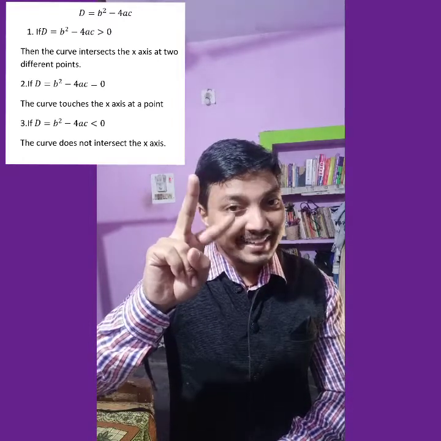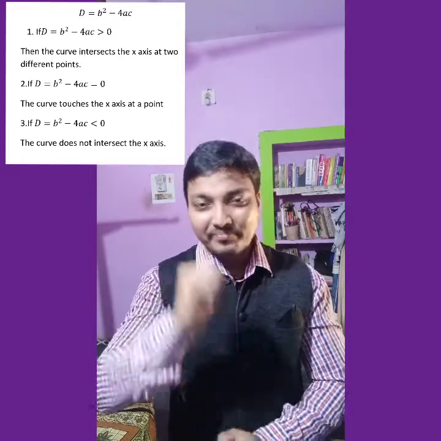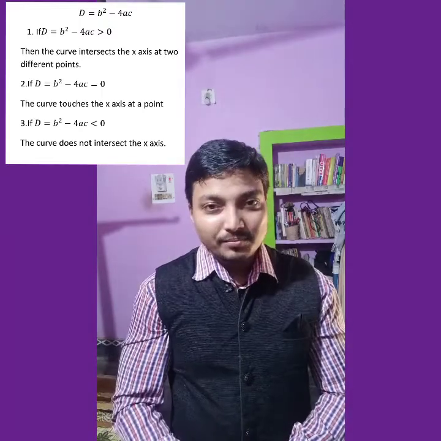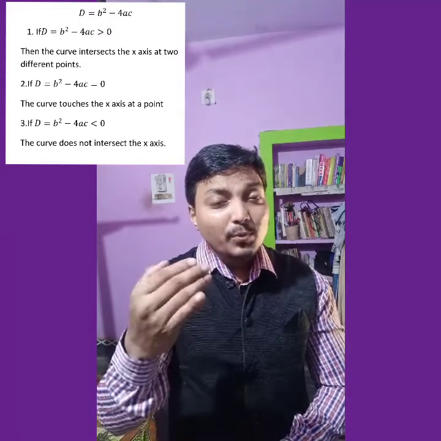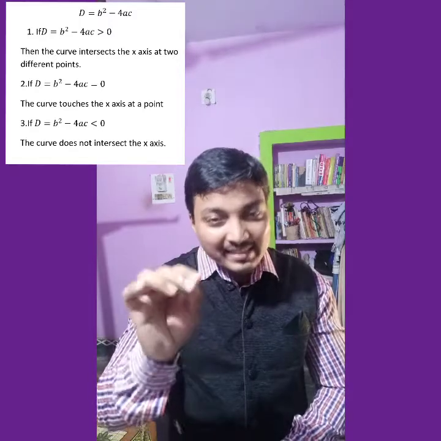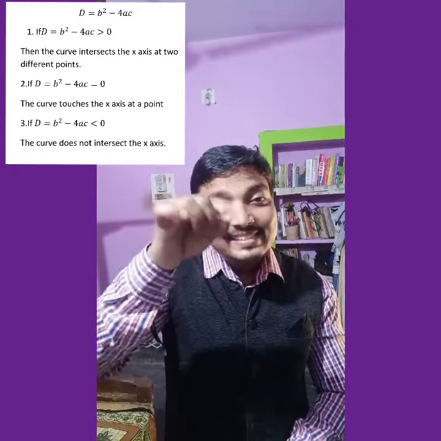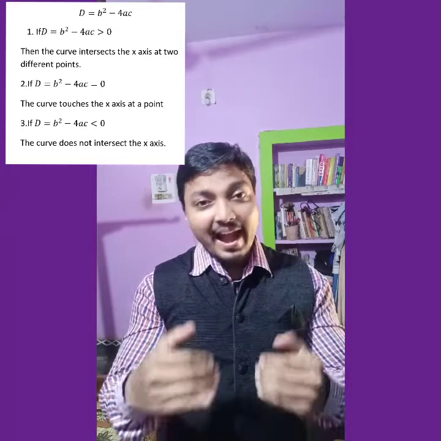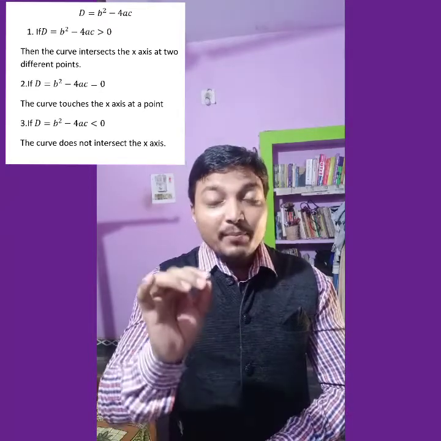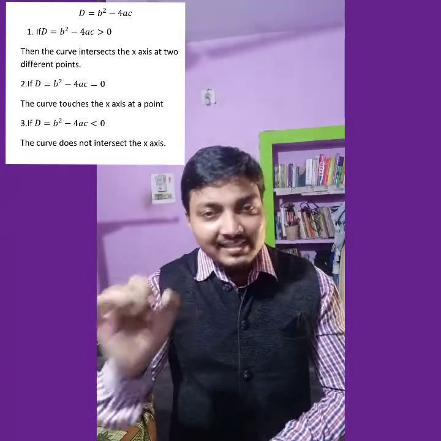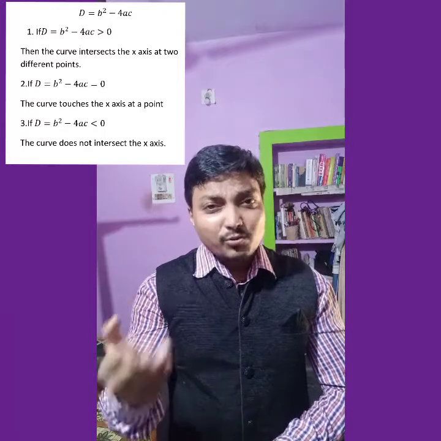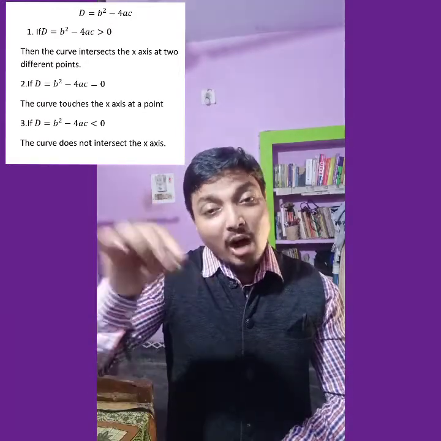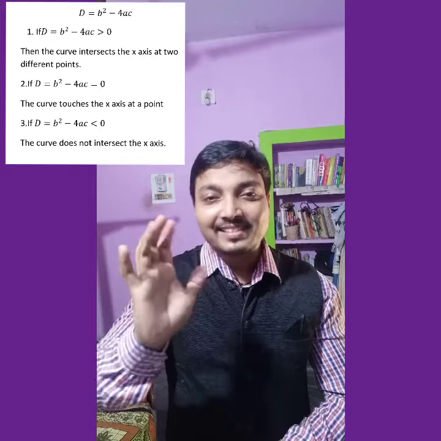Ready? If b square minus 4ac is equal to 0, it means it touches the x-axis at a point. Ready? And the last one: if b square minus 4ac is less than 0, then the curve does not touch the x-axis.